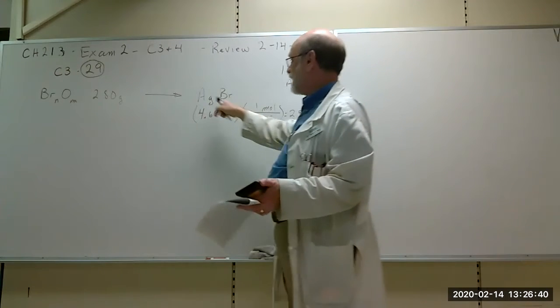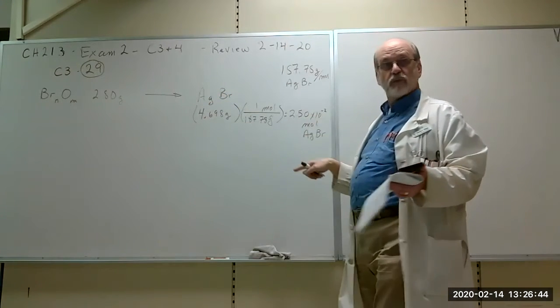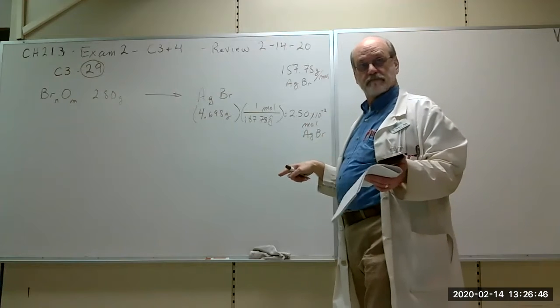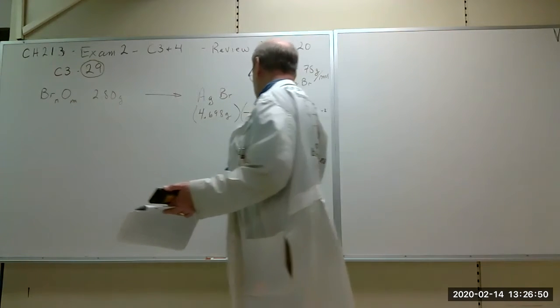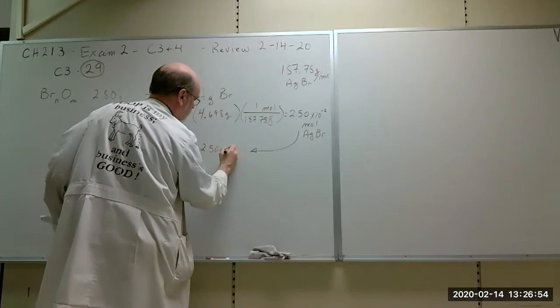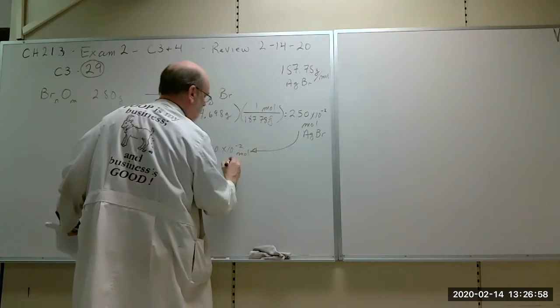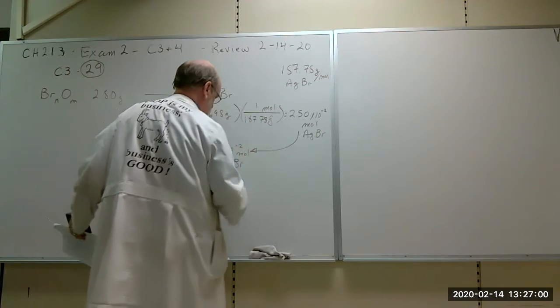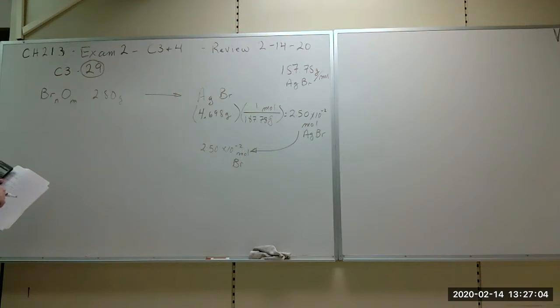And since the compound is 1:1, that's also the moles of bromine, right? Because it's a 1:1 ratio. So this is also 2.50 times 10 to the minus 2 moles of bromine. Okay, yeah.